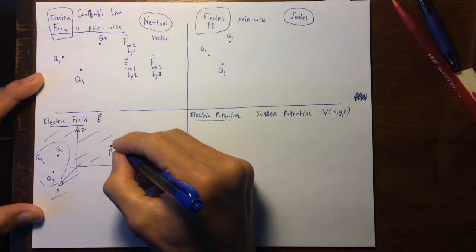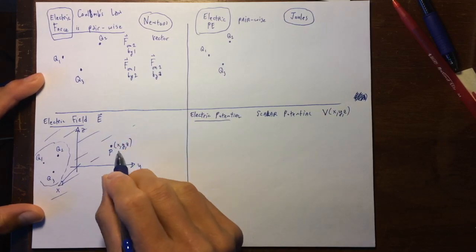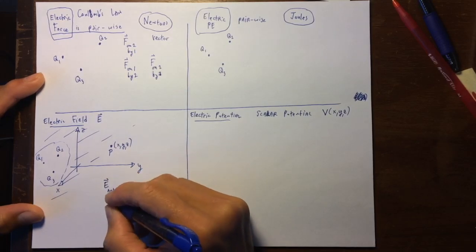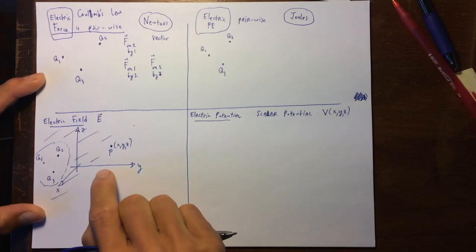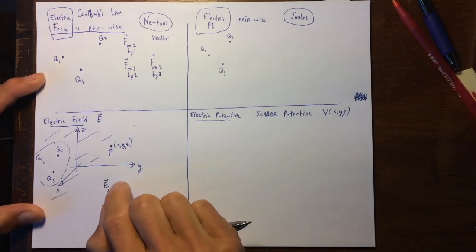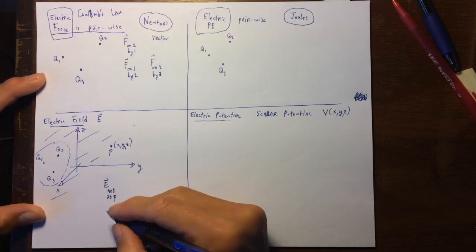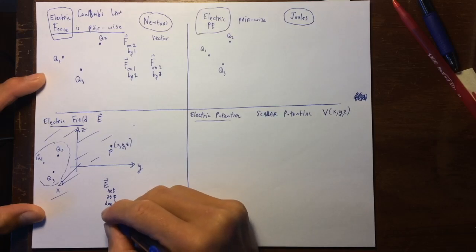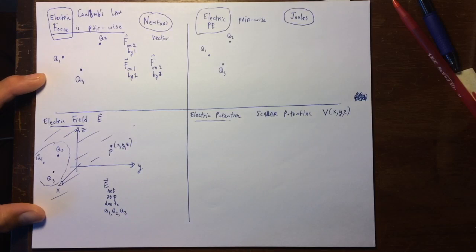So imagine a point out here with coordinate x, y, z, and I showed you a way to use the superposition principle to calculate the net electric field at P. But we need to designate whose electric field this is. This is the electric field at P due to, in this case, Q1, Q2, and Q3 together.